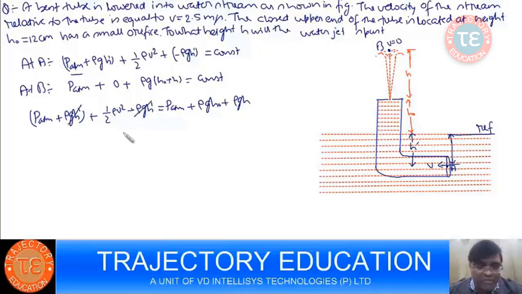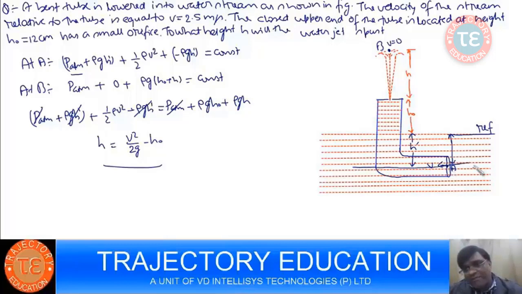So this is going to cancel out. You know V, you have to find H. So H is going to be V square by 2G minus H naught. I think it's correct. Yeah. V square by 2G minus H naught.